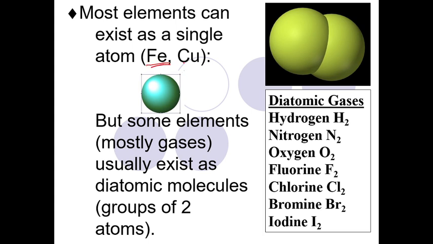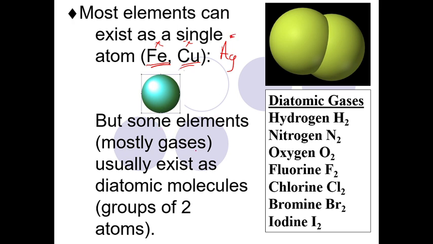Iron exists as a single element, copper, gold as well, Ag. So those are elements made up of one type of atom. This is iron, made up of an iron atom. Copper made up of a copper atom. Silver made up of a silver atom.